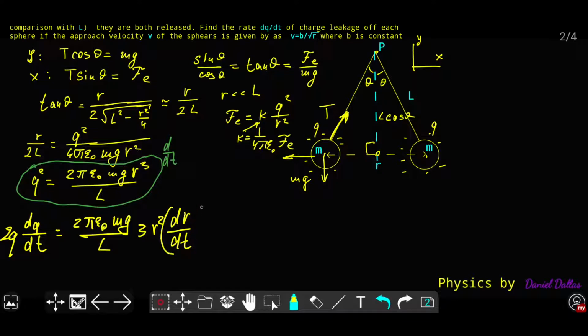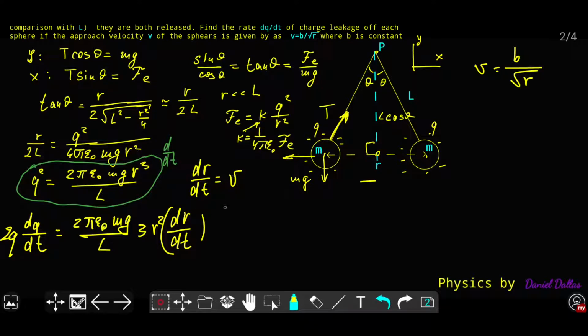And if you have a look at this component, dr dt is basically the velocity of the approach of the two spheres, in this case the contraction of the distance between them, right? Because r is the distance between them, we can consider it as the contraction of distance. So that's going to be the velocity of contraction. According to how the velocity of contraction depends on r, dr dt is just b over the square root of r.